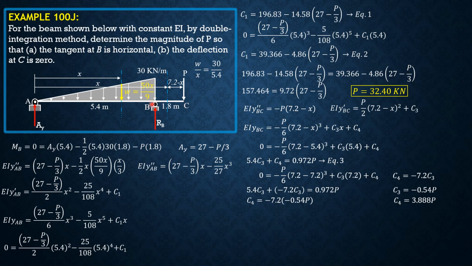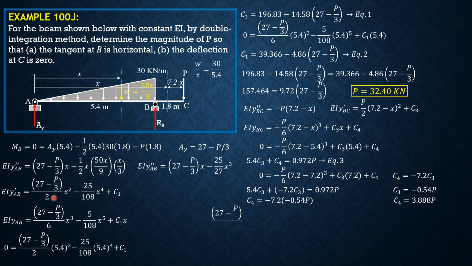The slope at B is no longer horizontal for part B. So again, the value of c sub 1 is this value here, because it was established when the deflection at B is 0, from this equation here.